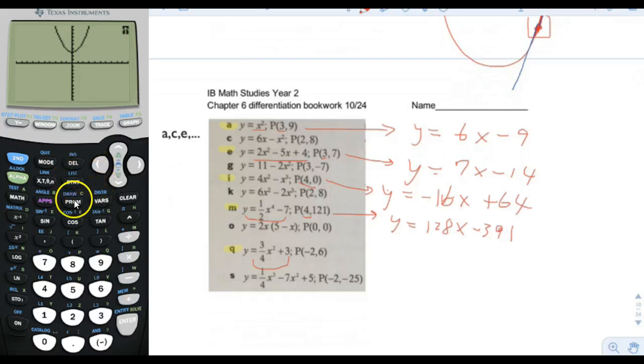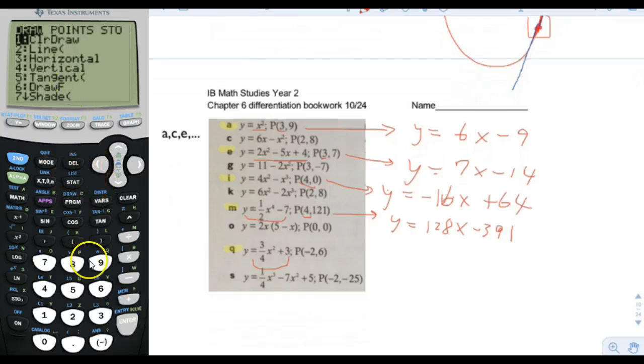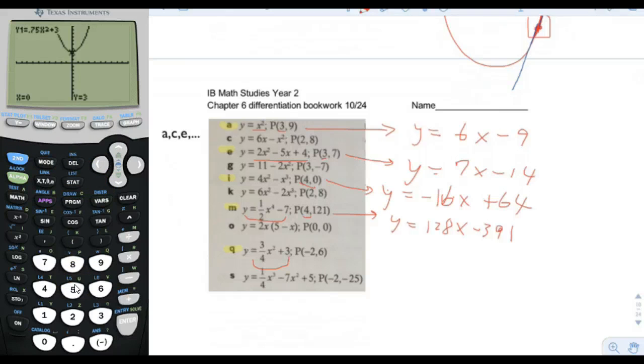Second draw, 5, -2. Oops, not 0.2, -2. There we go. So that one is going to be y equals -3x.